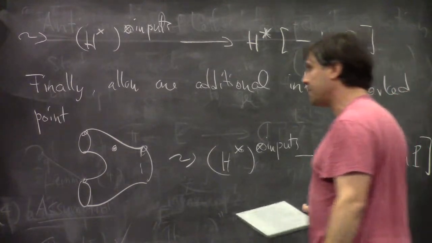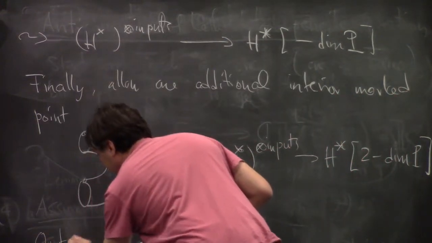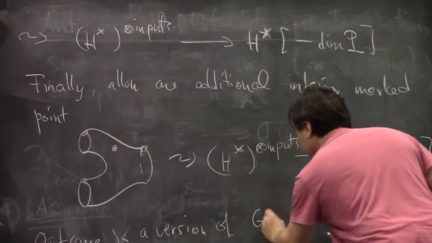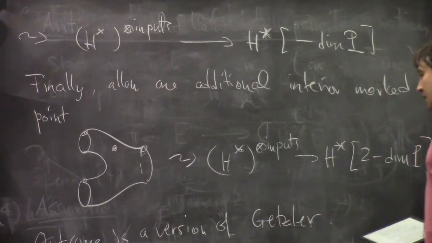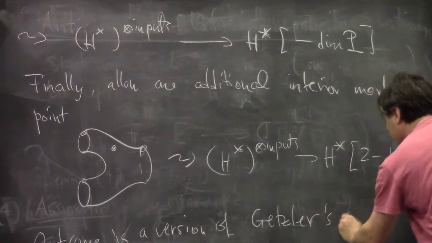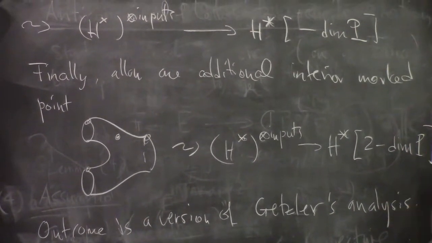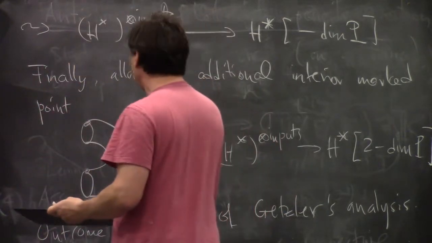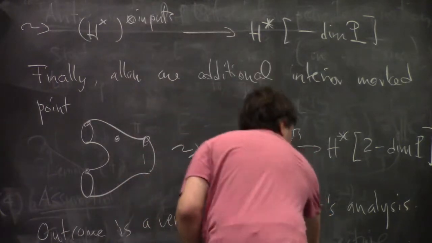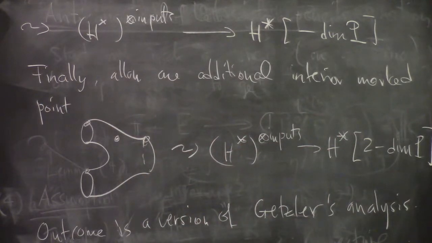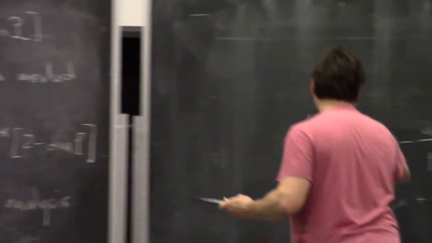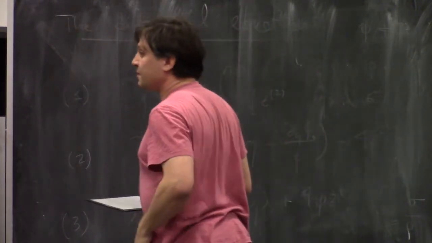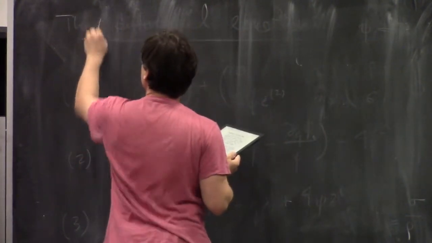Okay. And so the outcome is a version of Kähler's analysis. Kähler analyzed the algebraic structures that you get without this additional mark point in the early 90s, and the outcome is that there are certain basic operations.